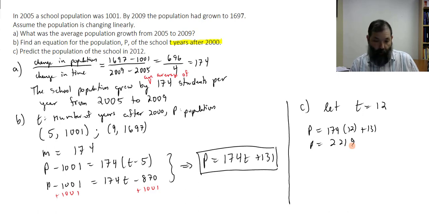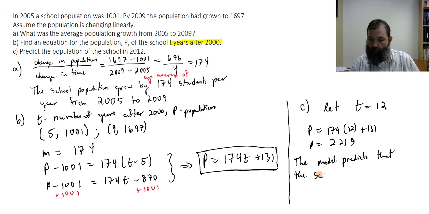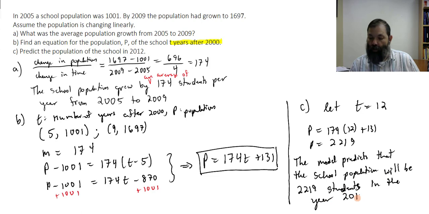And so the model predicts that the school population will be 2,219 students in the year 2012.